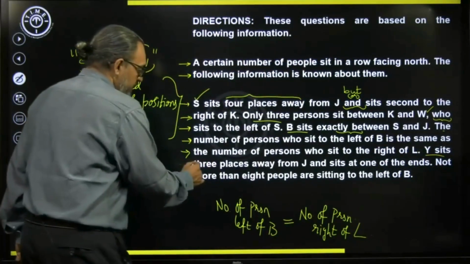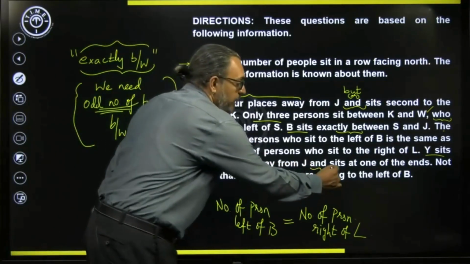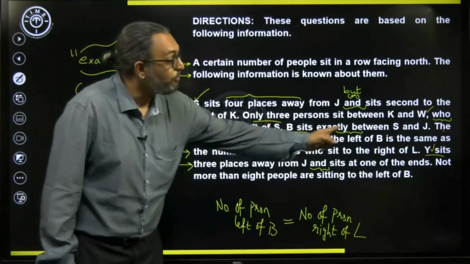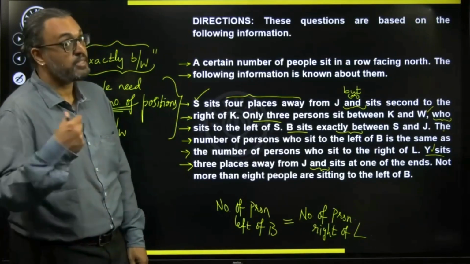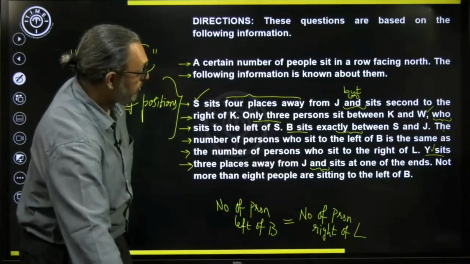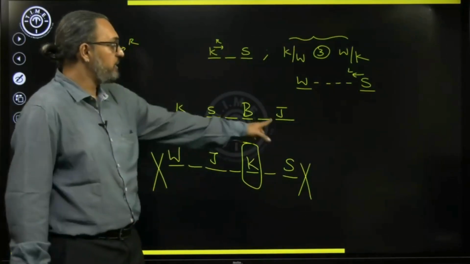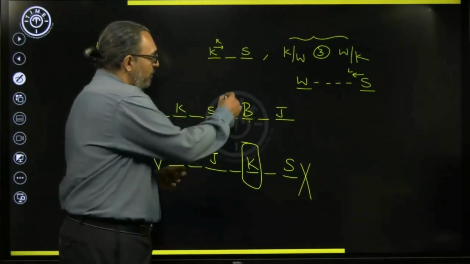Y sits 3 places away from J, and it means again first that Y sits at one of the ends. Okay, so Y is 3 places away from J. 3 places away means you leave a gap of 2 places, and Y should be sitting at one of the ends. Now J is here. 3 places away means you leave a gap of 2, so you can have Y here.